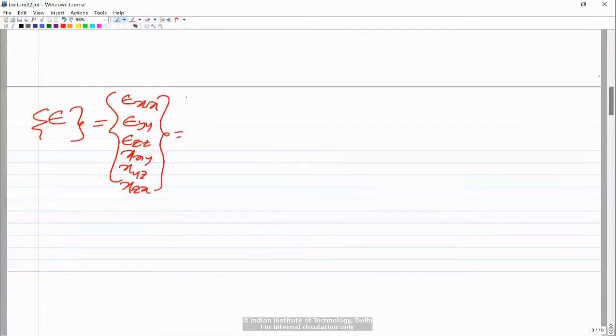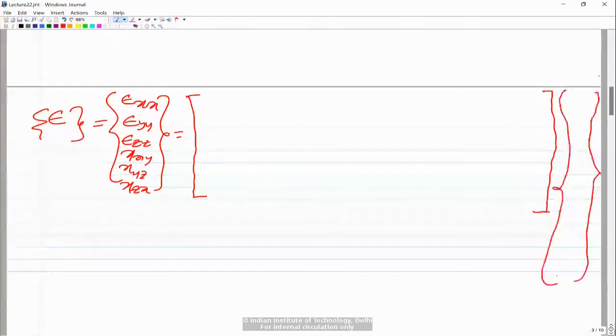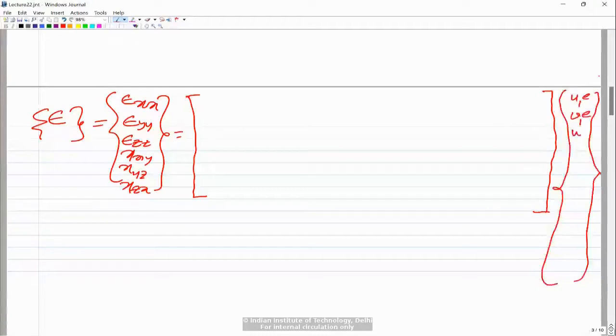So in between you are going to have this interpolation matrix, the strain displacement matrix basically, and then the vector of elemental degrees of freedom. The vector of elemental degrees of freedom is the same, that is U1e, V1e, W1e, then U2e, V2e, W2e, and so on, and finally we'll have U8e, V8e, and W8e.